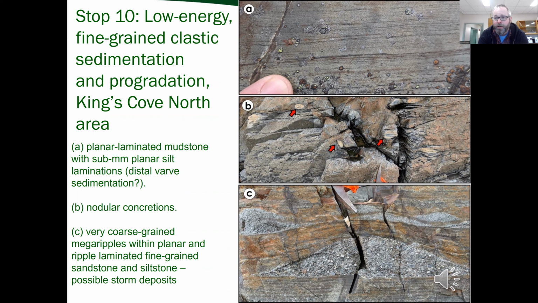Here we can see starved mega ripples, so again we're seeing the influence of waves locally. But overall, this progradation is perhaps resulting from post-glacial rebound. At present, many of the pieces of the Rocky Harbour Formation here aren't really put together stratigraphically. That's ongoing work, but we think this all fits really well within a glacial or periglacial setting.